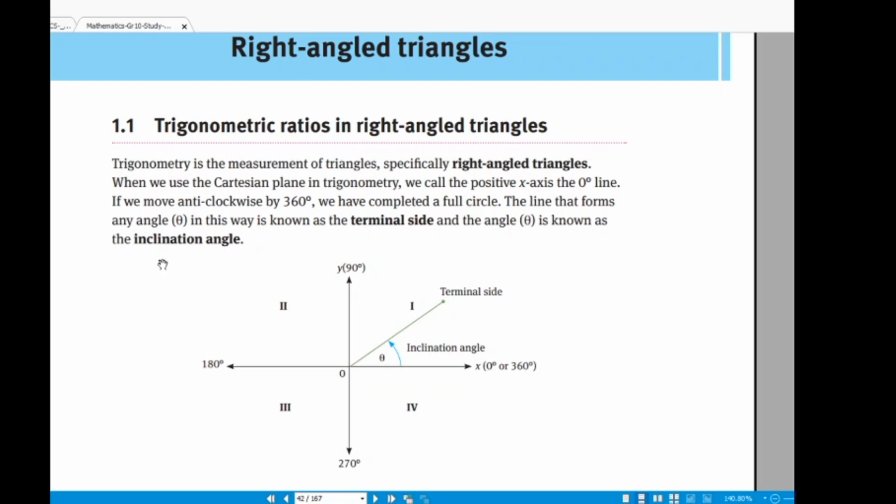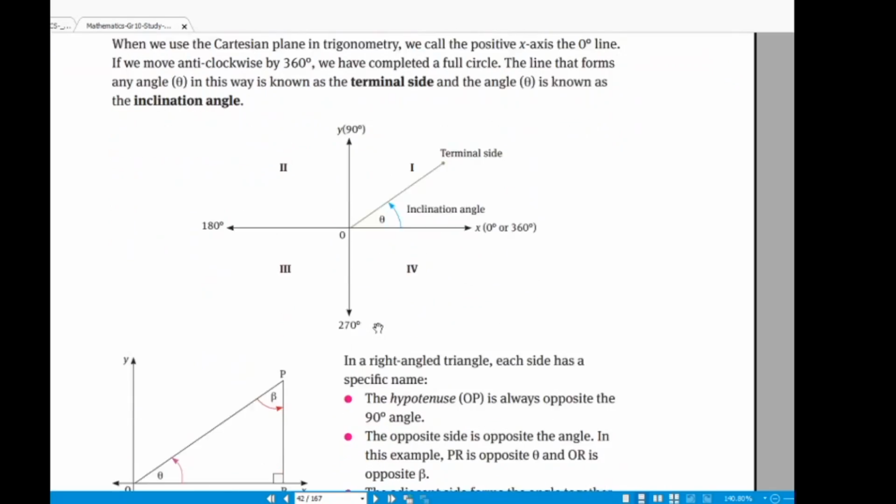The line that forms the angle with the x-axis for any angle theta in this way is known as the terminal side, and angle theta is known as the inclination angle. As you can see here, the line that we rotate is labeled the terminal side, and the angle formed between this line and the x-axis is called the inclination angle theta.